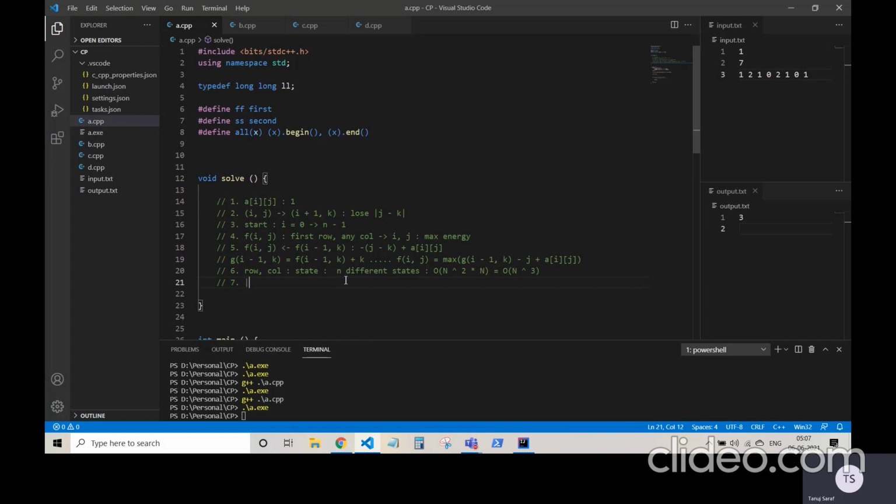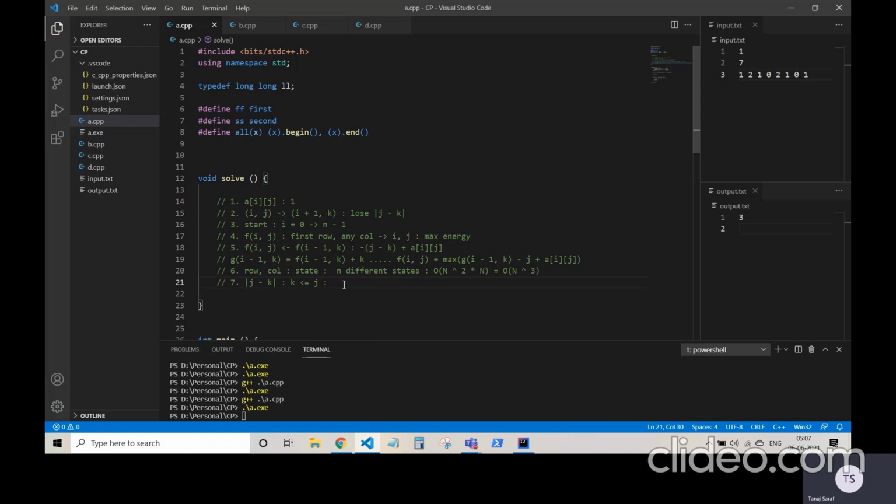But here we have a mod of j minus k. The thing over here is that the modulus has a single point of inflection, right? It has a V-like shape. So for all k that is less than or equal to j, we know that j minus k would be some positive value, right?